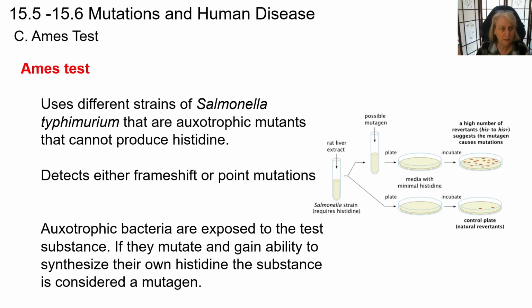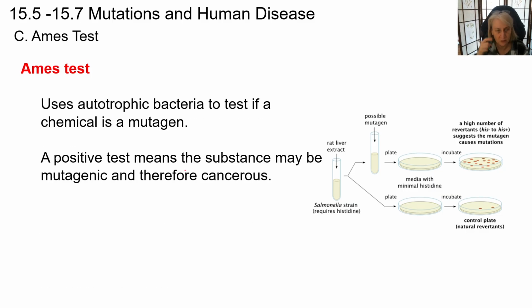If we're going to test a substance in an extract of Salmonella bacteria, with some extract of rat liver, and I'll explain why, and the test says it's positive, it may be that that particular substance is actually a mutagen.